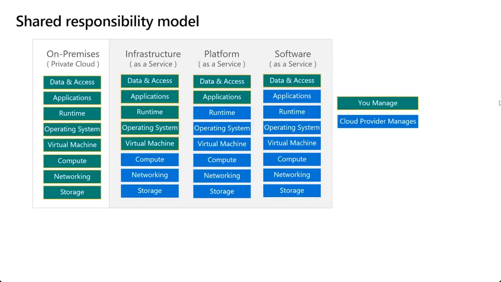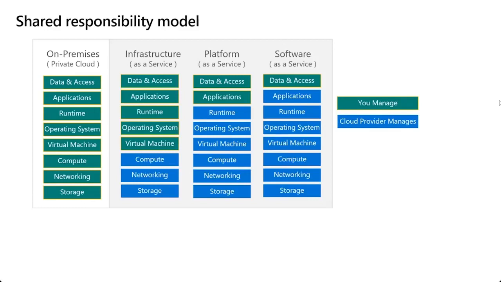Moving to the right, the infrastructure as a service model, Microsoft manages the compute, networking, and storage, which is the physical hardware. And the customer manages their data, applications, runtime, operating system, and virtual machines. Moving to the right one more time at platform as a service, the customer focuses on their applications and data. Remember the productivity model, and Microsoft manages the infrastructure underneath.